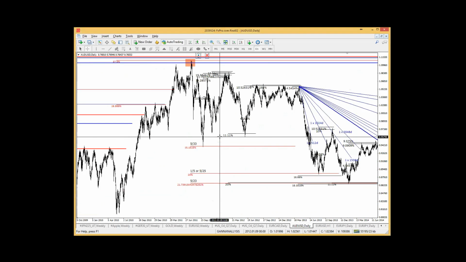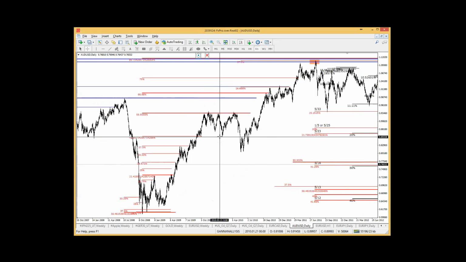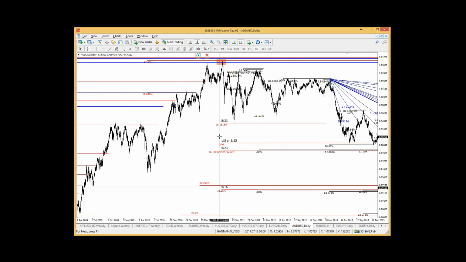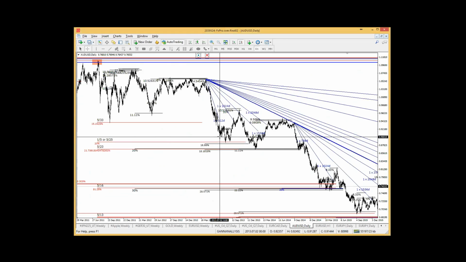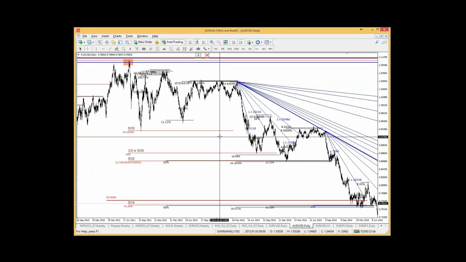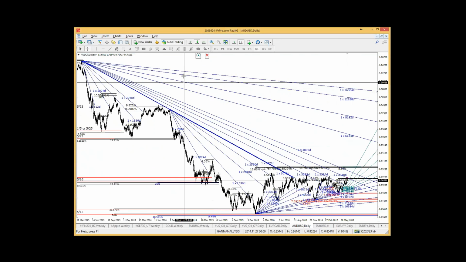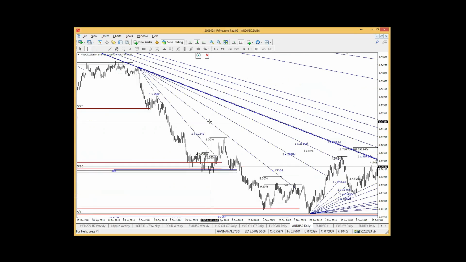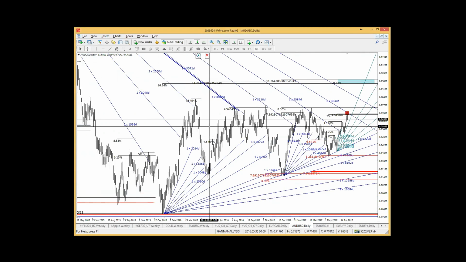Just study the chart history and we can see that 7.1428 has worked in the past. And it is the first halfway percentage between major percentages. Is it okay? Okay.